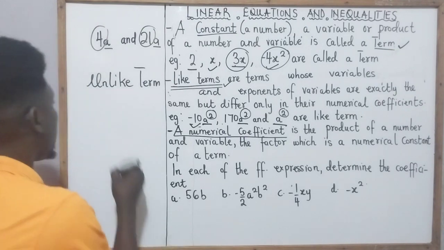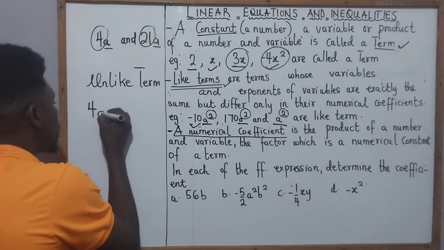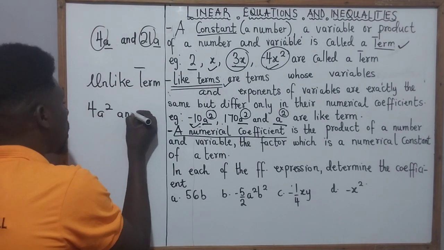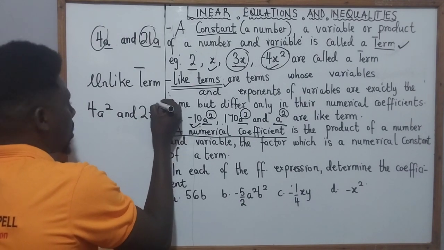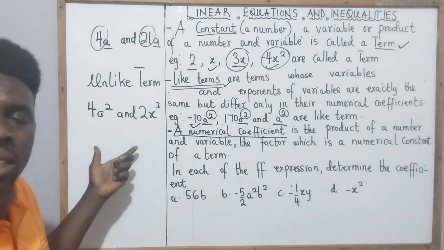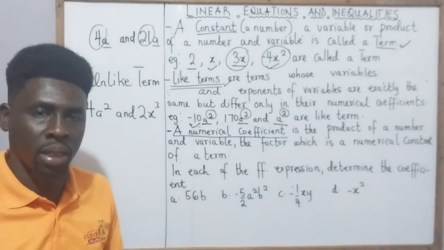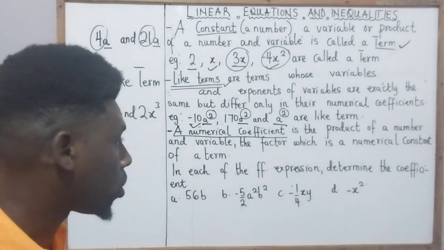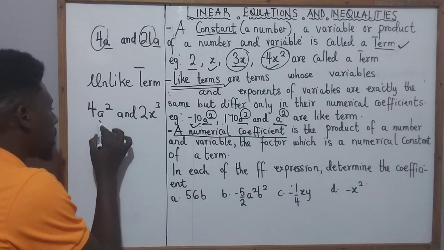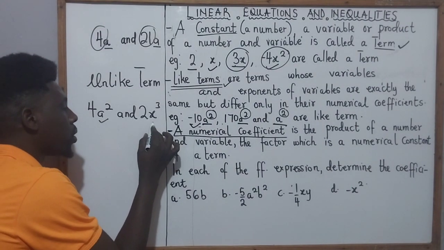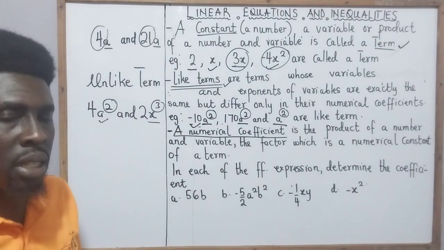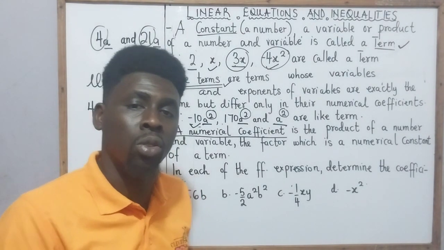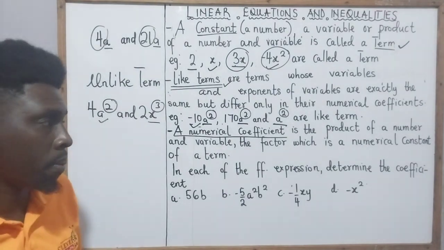Example, if I have 4a squared and, let's say, 3x, this is an unlike term. Unlike term because the variable here is a, and here the variable is x, and their exponents are not the same. Hence, it is not a like term.